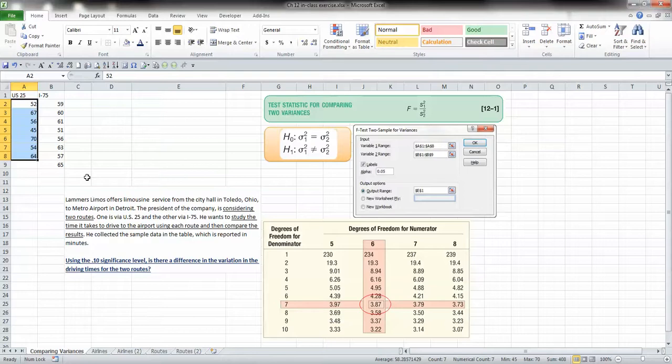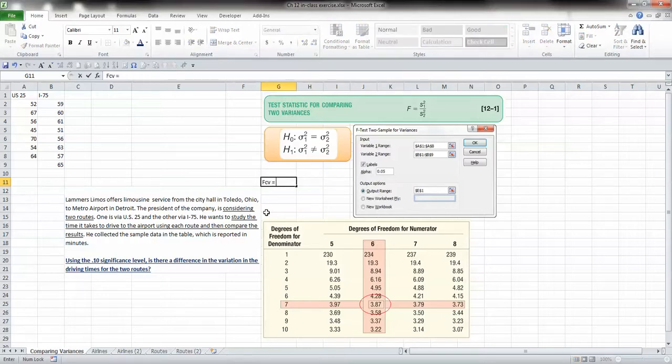And for our second set of data, it's going to be 7. We use the 0.05 table, find the intersection between the degrees of freedom for the numerator and the degrees of freedom for the denominator, and we get 3.87. So our critical value is equal to 3.87.